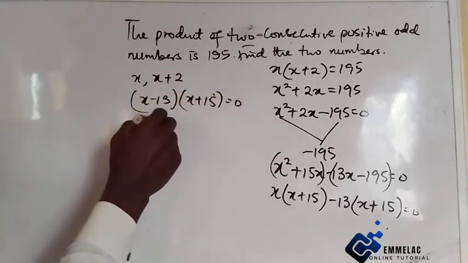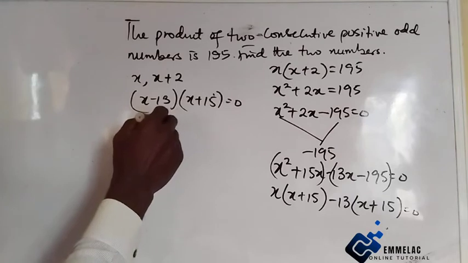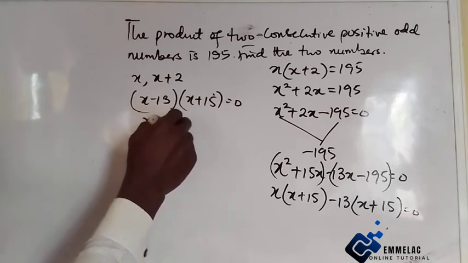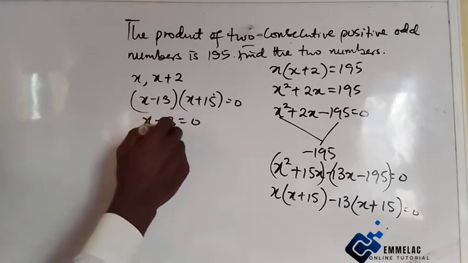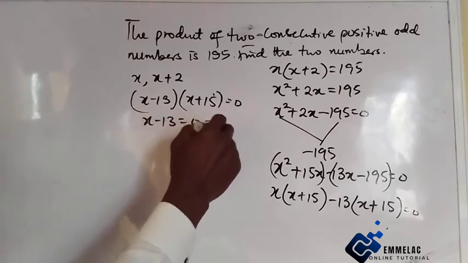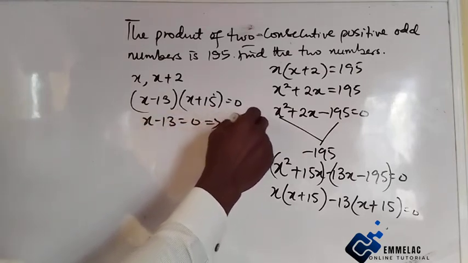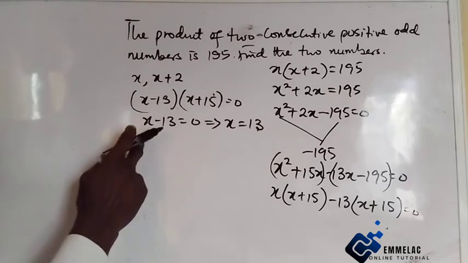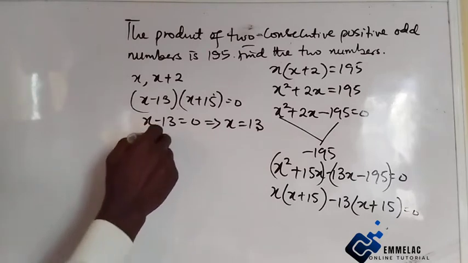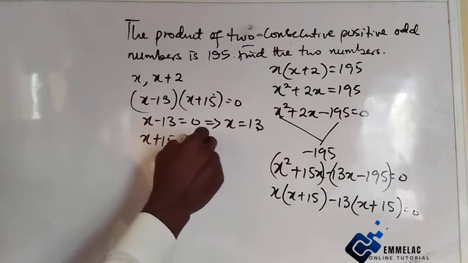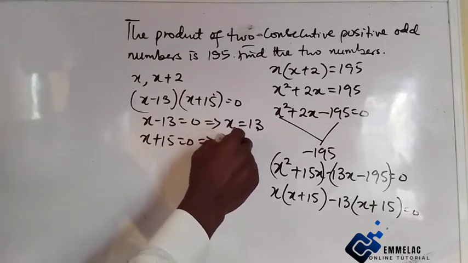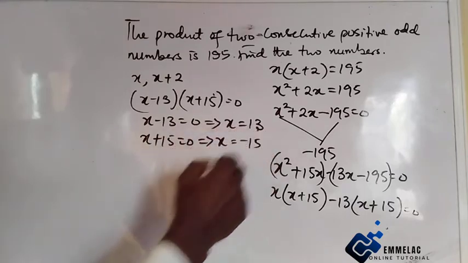So x minus 13 equals 0, which implies that x equals 13. Then x plus 15 equals 0, which implies that x equals minus 15.